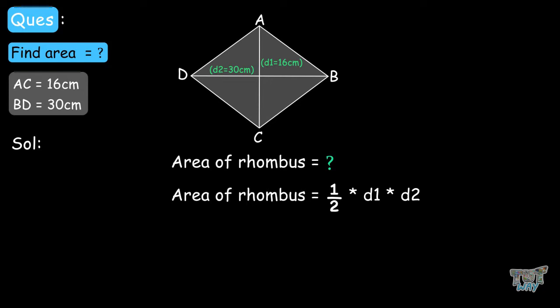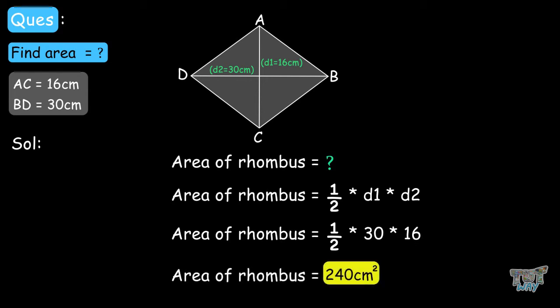And here we are given the length of the diagonals, so we can put it into the formula. So it will be half multiplied by 30 times 16, and you will get 240 centimeters squared. Let's move on to the next question.